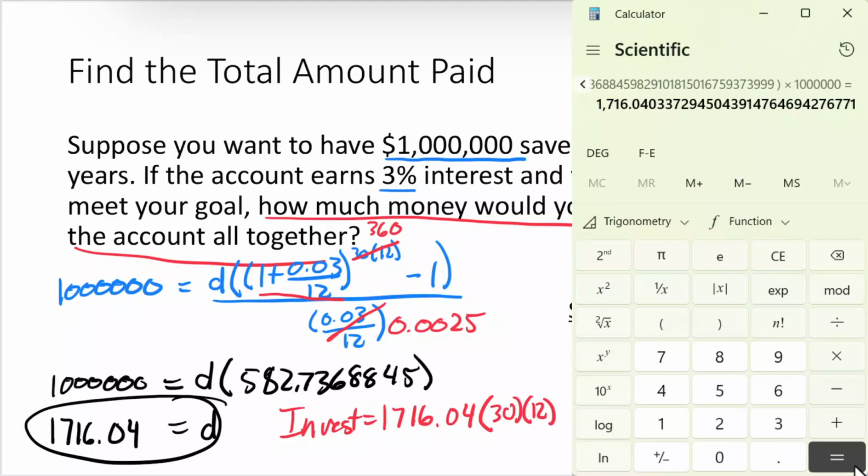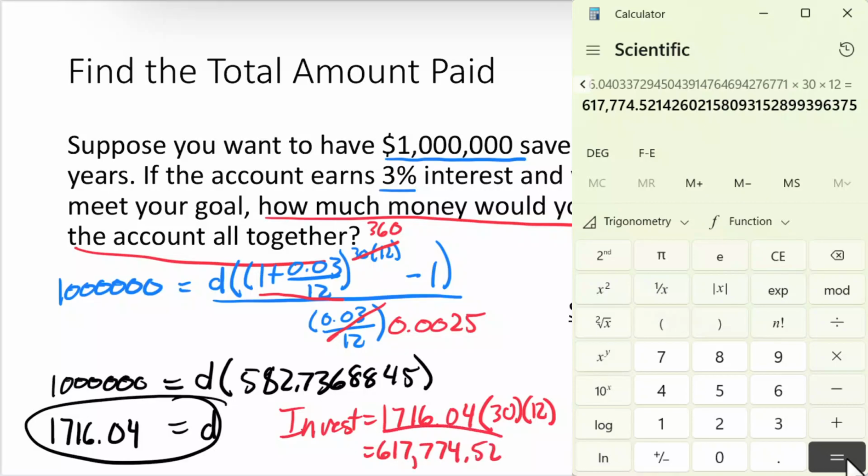So I'm going to multiply all those numbers together. And when I multiply by 30, multiply by 12, I end up with the number $617,774.52. And so this is the amount of money that I end up paying into the account.